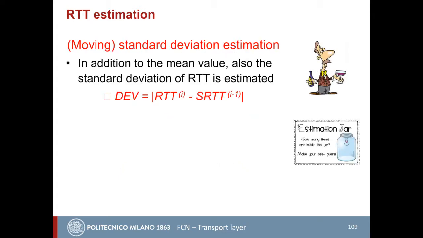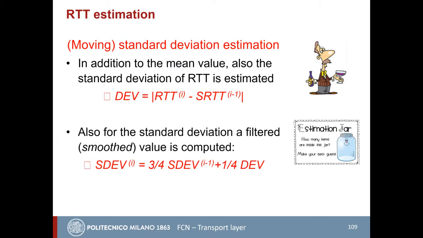There is also the estimation of the standard deviation of the round trip time. The standard deviation is defined by the difference in modulus between the last value of the round trip time that is measured and the smooth round trip time estimation, the average value that we have defined before.